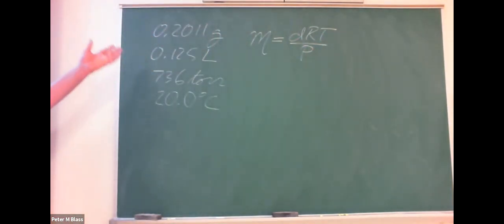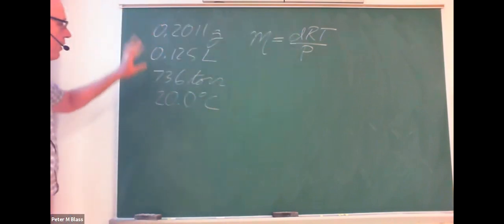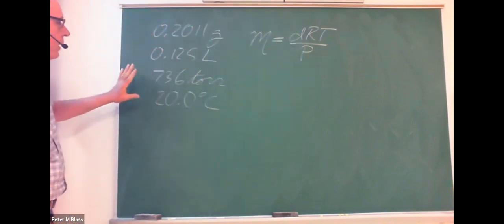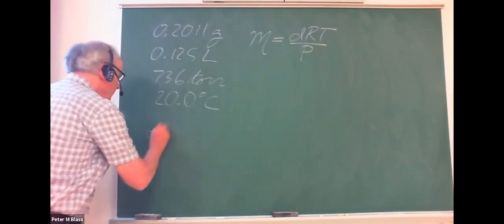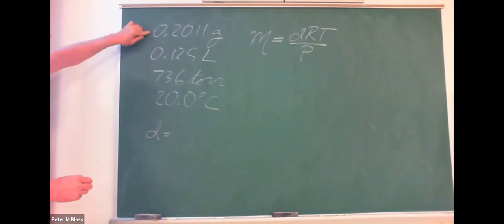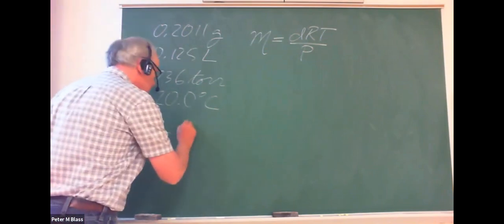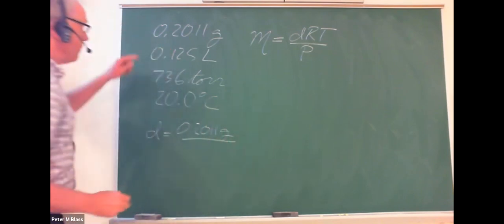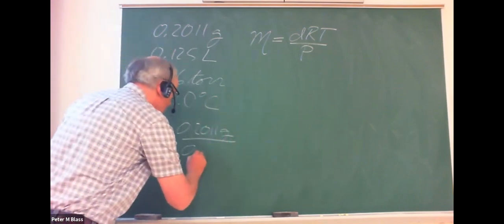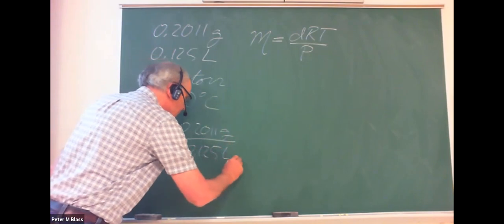Do we want to plug all that stuff in there, or do a little preparatory work here? Let's find out our density. Because they gave us a mass and a volume, density is 0.2011 grams divided by 0.125 liters.